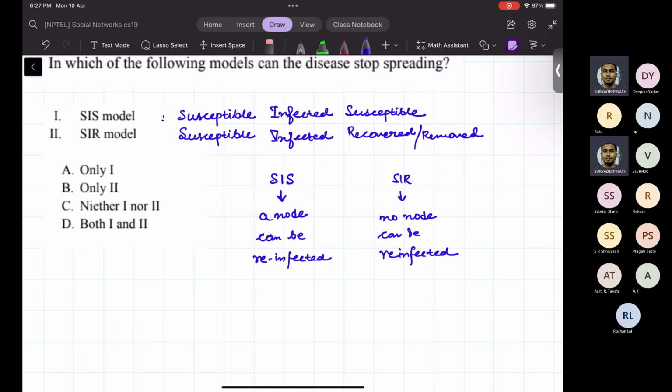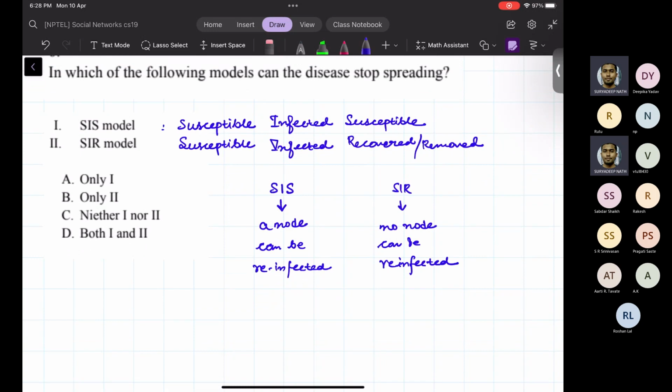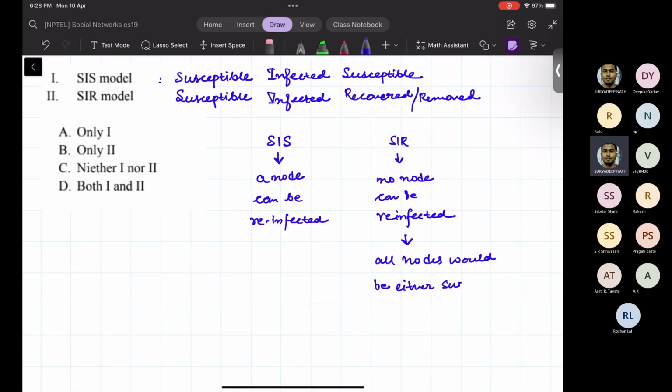So therefore, it means that in the SIR model, eventually what would happen is that ultimately all nodes would be either susceptible or recovered, or a mix.